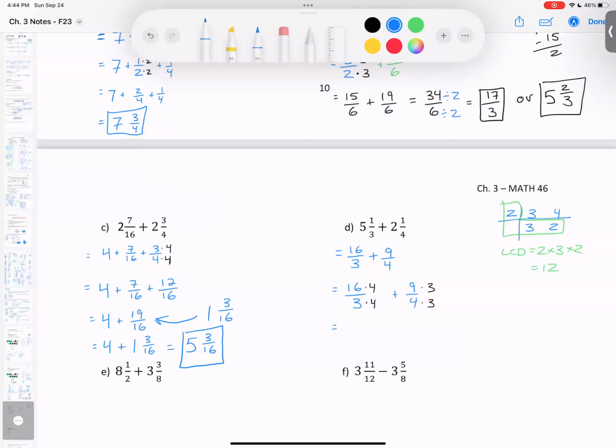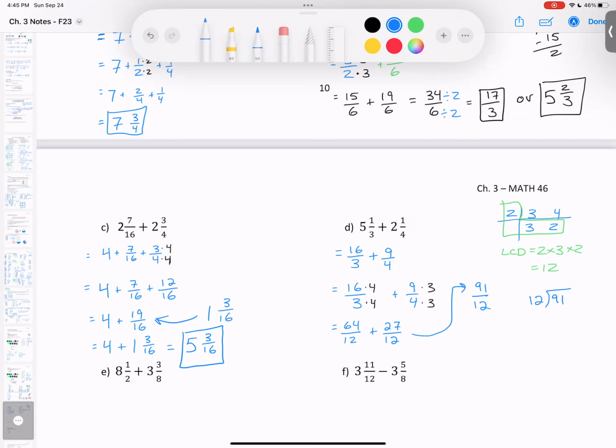So once we do our multiplications, 16 times 4 will give me 64. So 64/12 plus 9 times 3 is 27/12. Okay, and so 64 plus 27 gives me what? So I get 91 over 12, or if I wanted to convert that to a mixed number, 91 divided by 12 gives me 7 plus a bit.